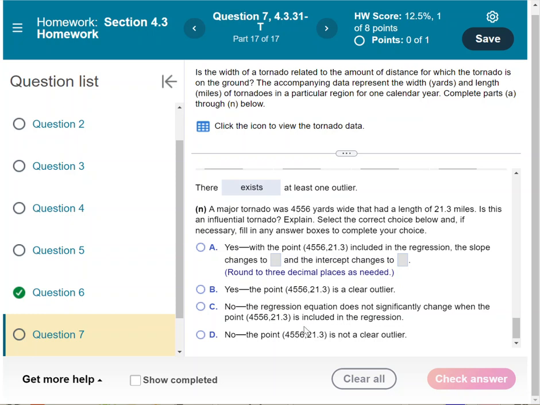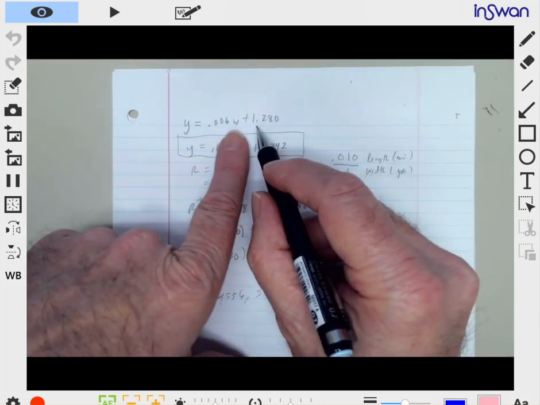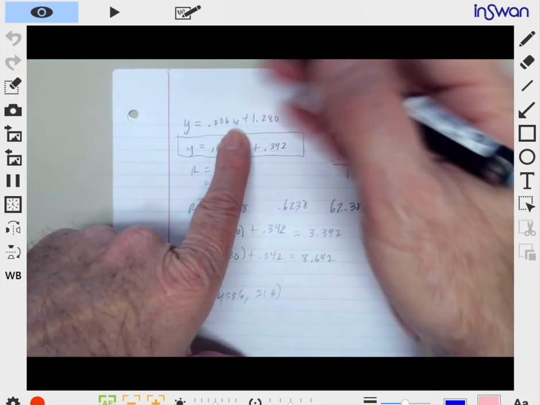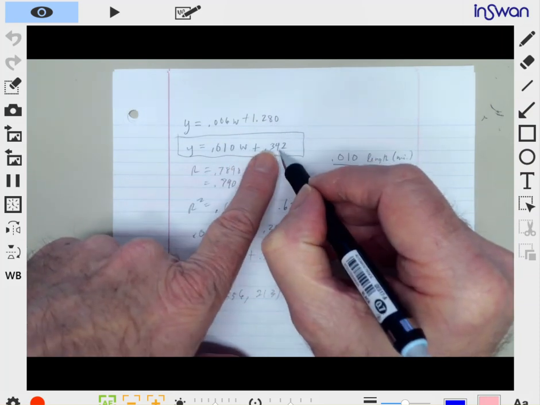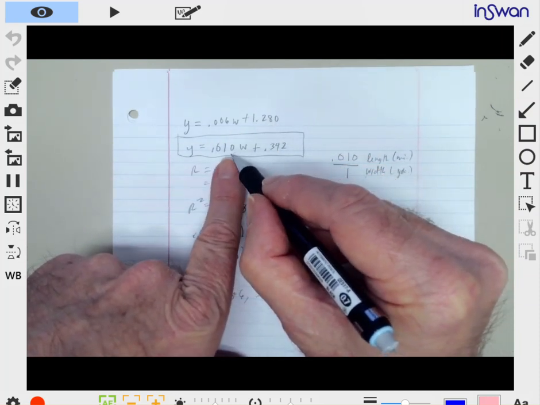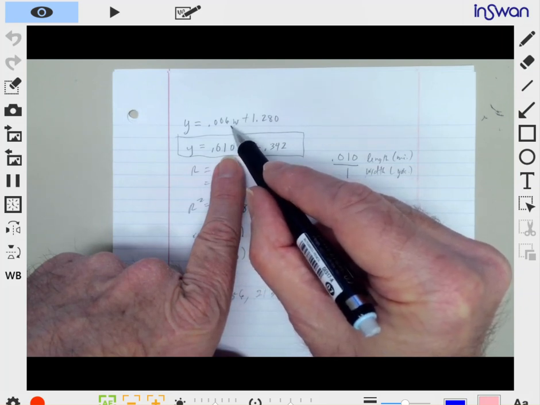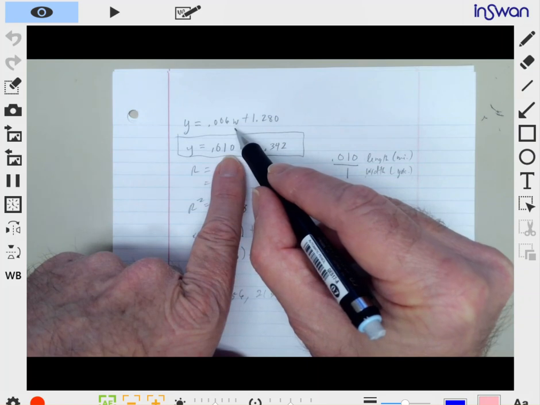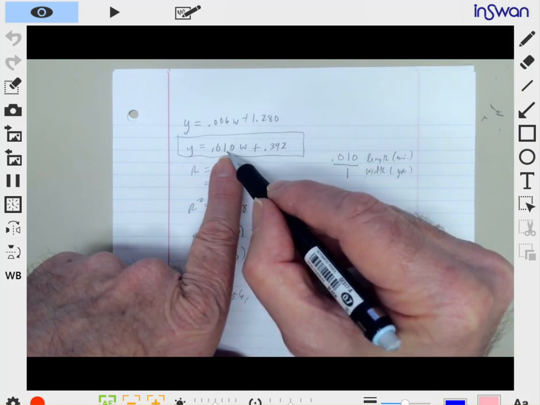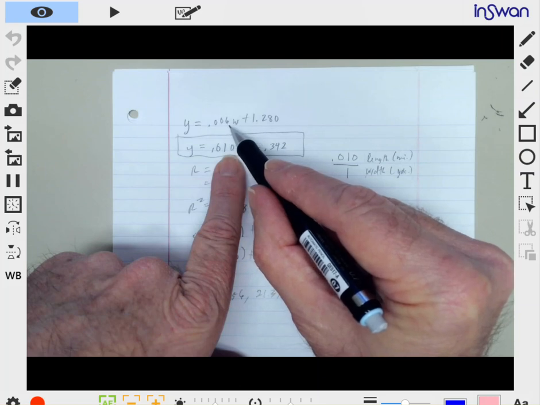So if you look at, I'll go ahead and show you what I'm looking at here. So with this additional point, notice definitely the y-intercept changes by a bunch, and notice the slope decreases by probably a significant amount, because this is 10 thousandths and now we're at 6 thousandths.